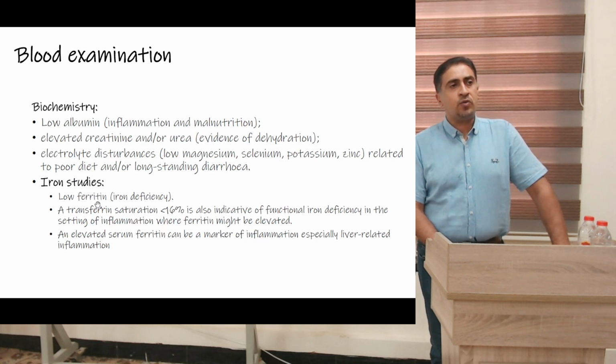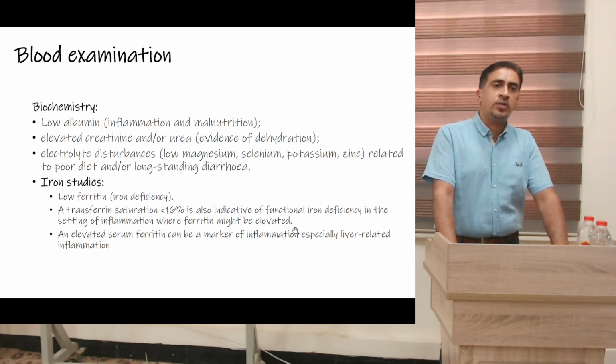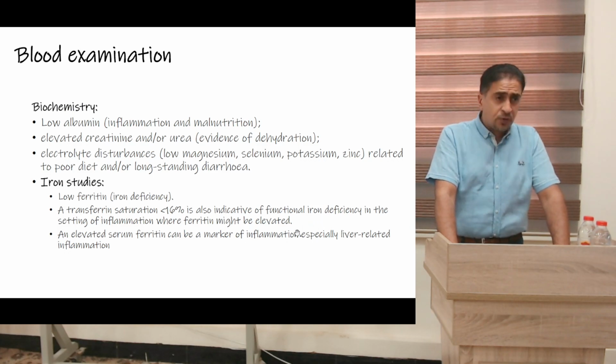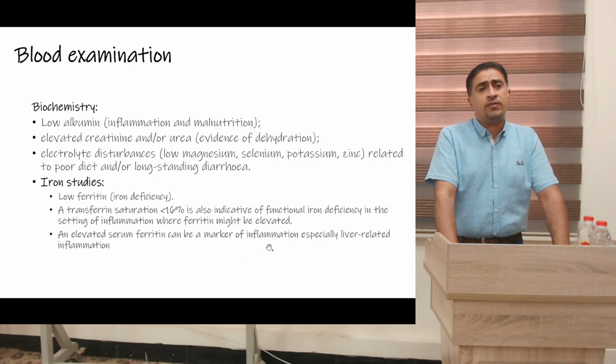In a patient with normal ferritin, we need to send for transferrin saturation, which shows whether the patient has low iron, and you need to give iron, either transfused or as a supplement, in patients with inflammatory bowel disease.